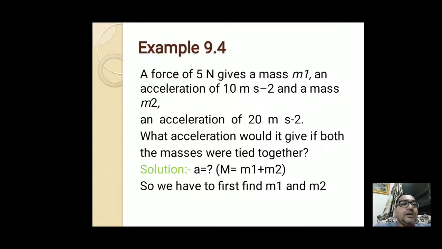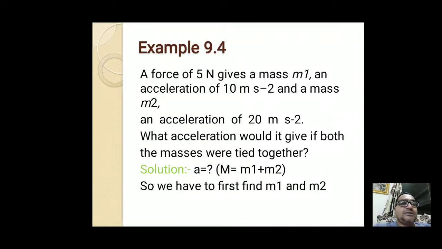So here, in two particular steps, first we have to find m1 and m2, then we have to add both these masses. You can see in the last two lines of the question, what acceleration would it give if both the masses were tied together. Both the masses, m1 and m2, tied together means we have to add them, and whatever mass comes, then afterwards we have to find the acceleration.